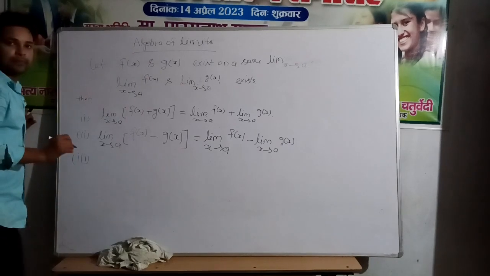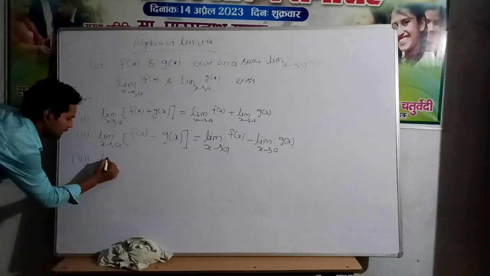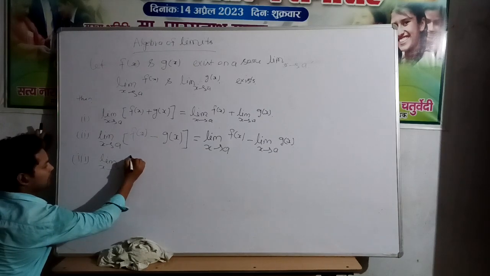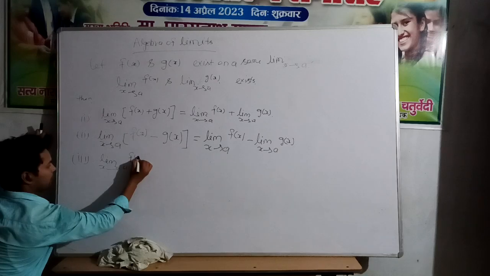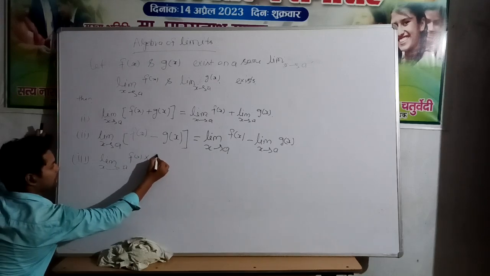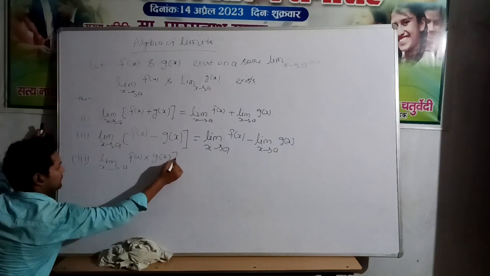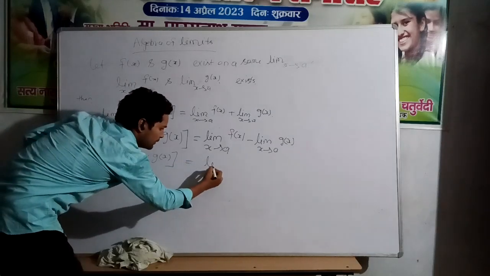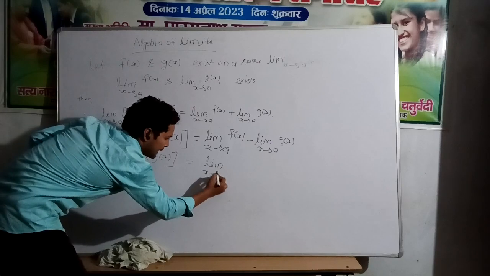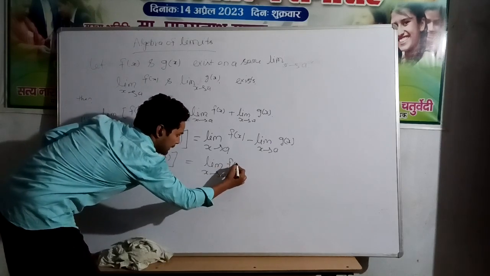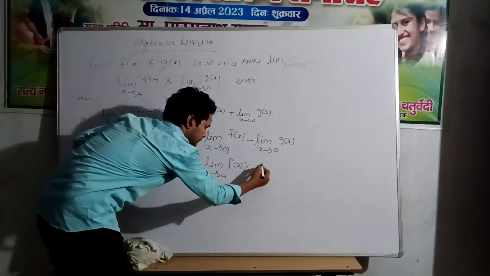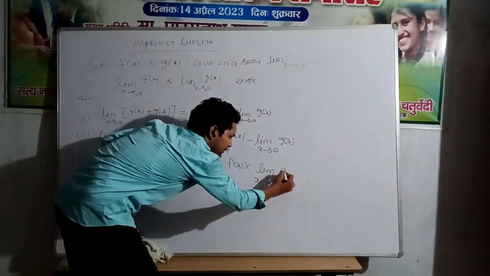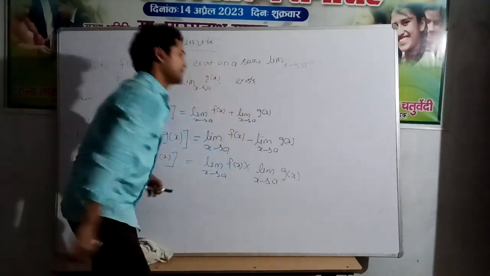which is that the limit x tending to a of f(x) multiplied by g(x) is equal to the limit x tends to a of f(x) multiplied by the limit x tends to a of g(x).